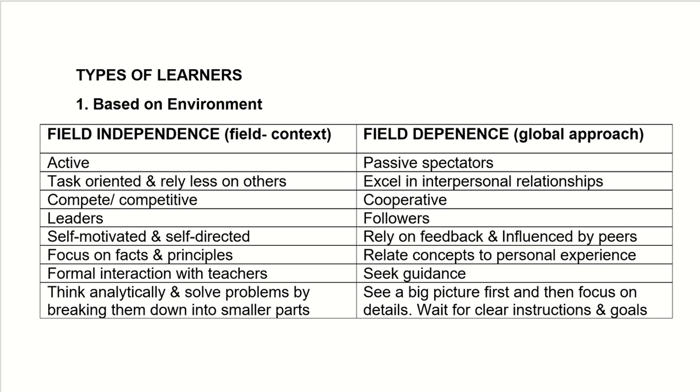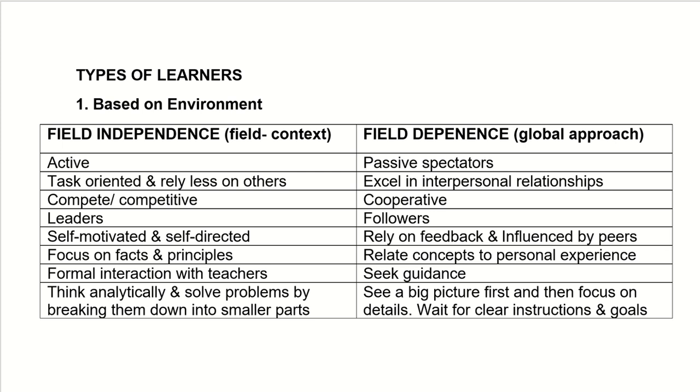Now, field independent learners are active. They are task oriented and do not rely on others. They are independent, of course, right? They are competitive, they are leaders, okay? They are self motivated, and they focus on the facts and principles, and they have formal interaction with the teachers.